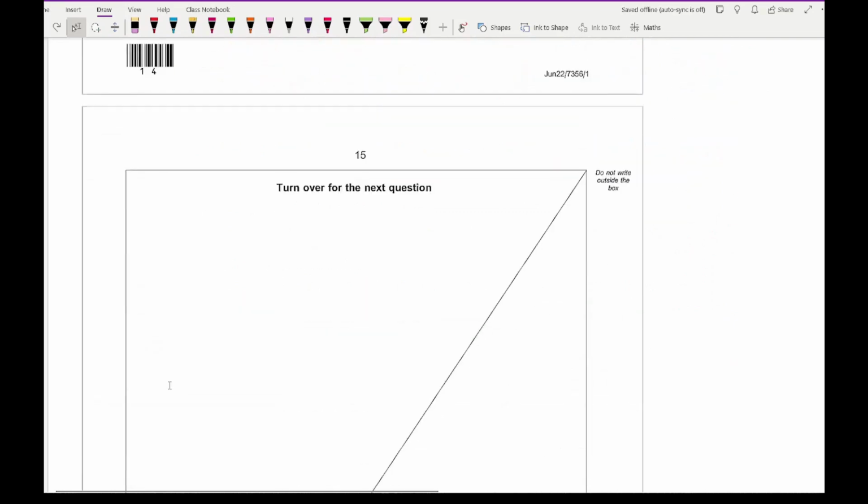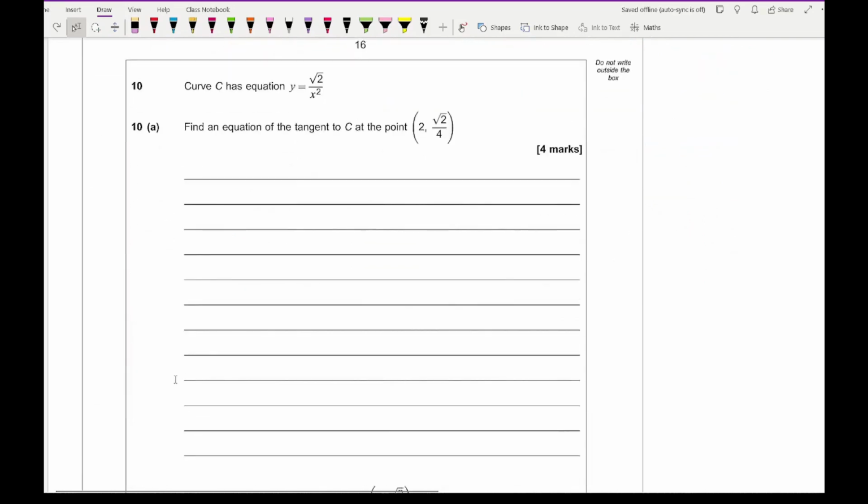Then moving on to our last question on this section, question 8, it says curve C has the equation y equals root 2 over x squared. Find the equation of the tangent to C at the point 2, root 2 over 4. For this particular question, let's first of all start by rewriting the original equation. That's going to be root 2 x to the power of minus 2.